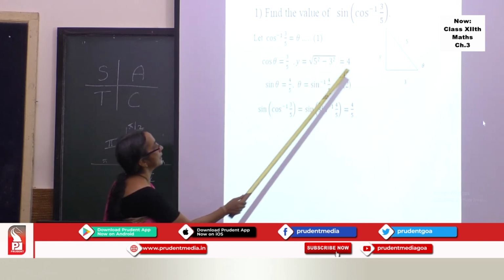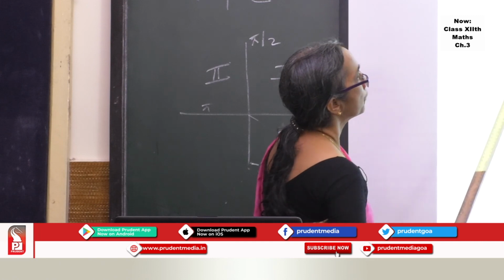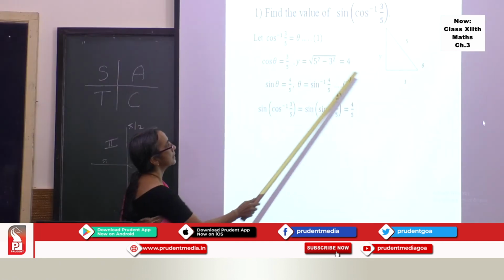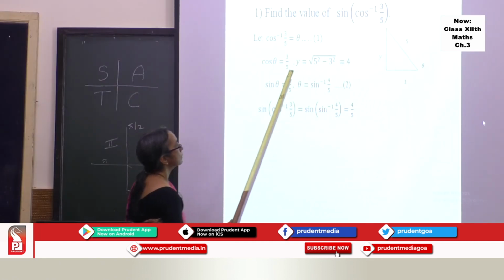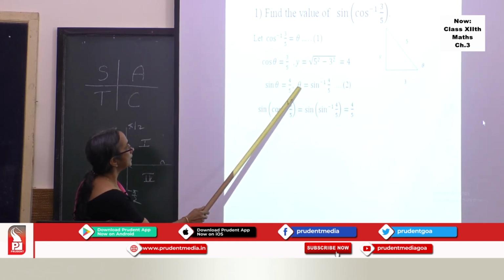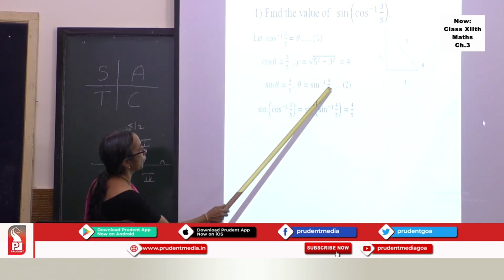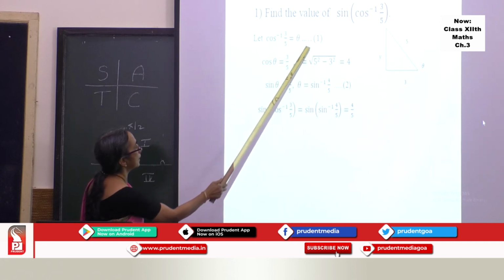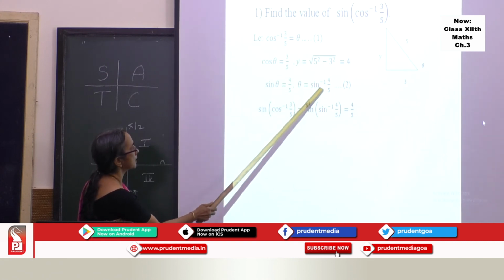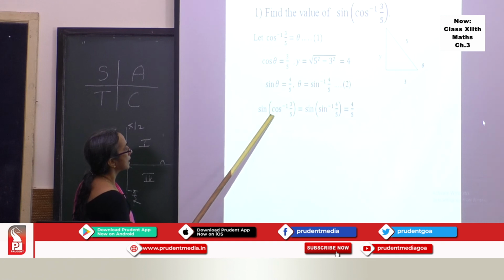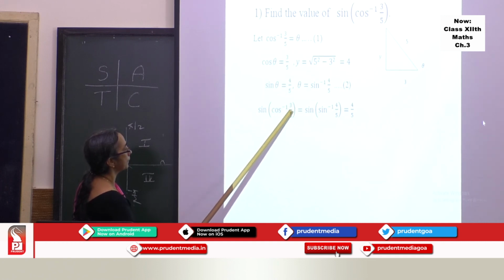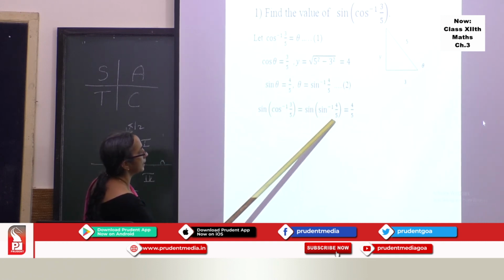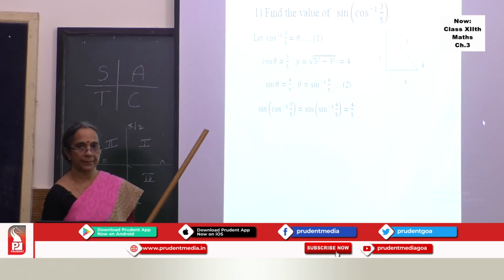Therefore, sin theta is y upon 5, which is 4 upon 5. Therefore, theta is sin inverse of 4 by 5. So from 1 and 2, both are theta. So you can write sin of cos inverse of 3 by 5 as sin of sin inverse of 4 by 5, which is equal to 4 by 5.